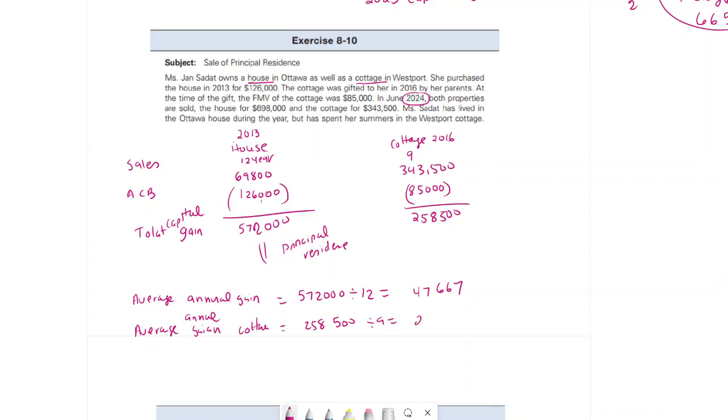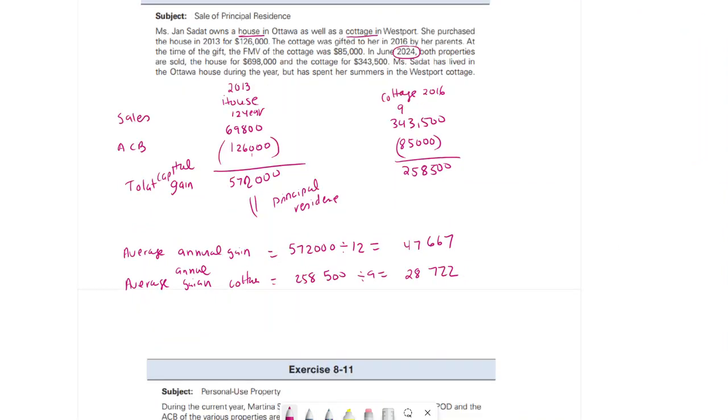That gives 47,667 and 28,722. When that happens, we need to use a formula, and in this case we are making this one so that we won't pay any taxes on it.